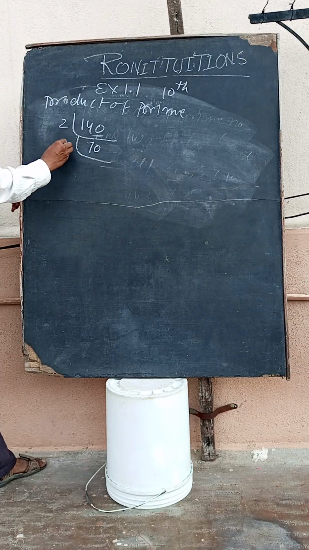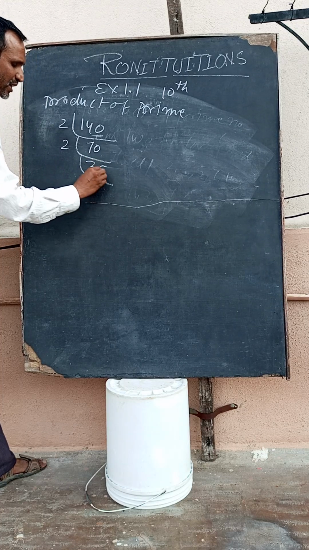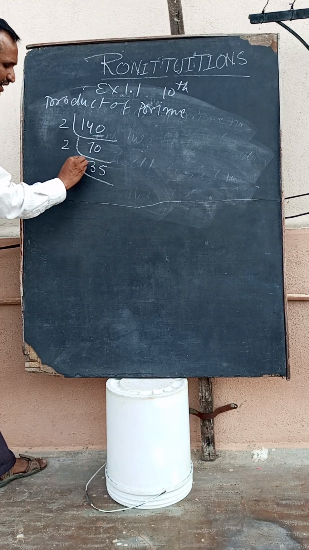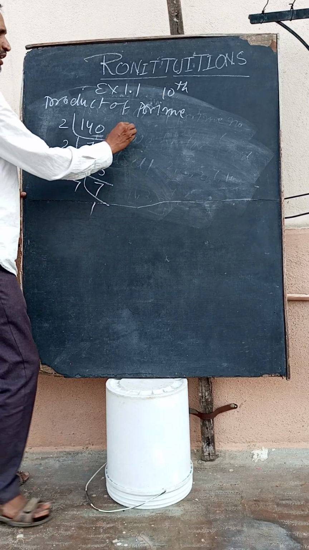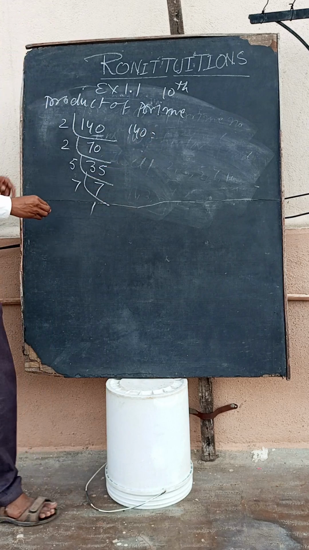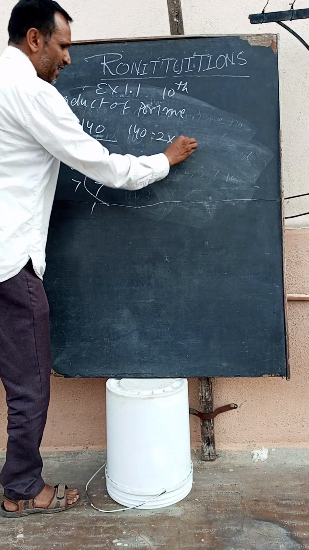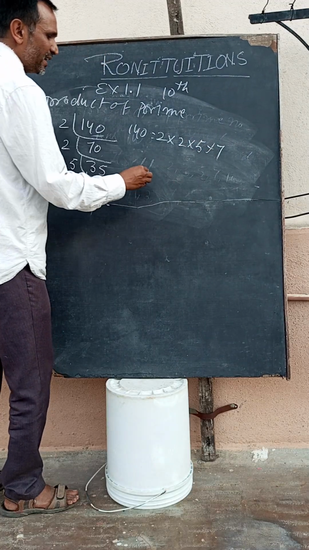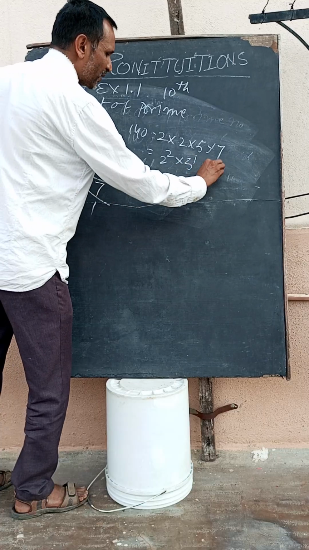Again 70 can be divided by 2 because it is an even number. So we write 35, which comes in the 5 table, then we get 7, and 7 gives 1. We can write 140 as the product of prime factors 2 into 2 into 5 into 7, and then we can write it as 2 to the power 2 into 5 to the power 1 into 7 to the power 1.